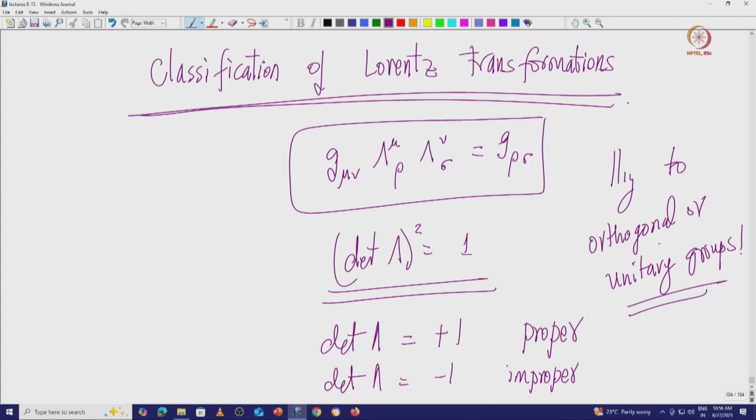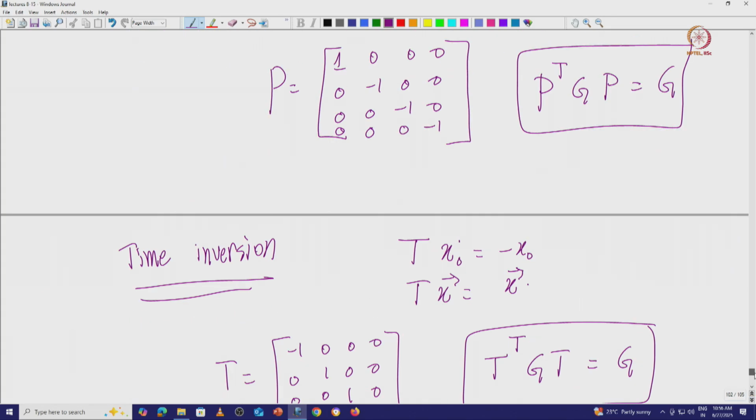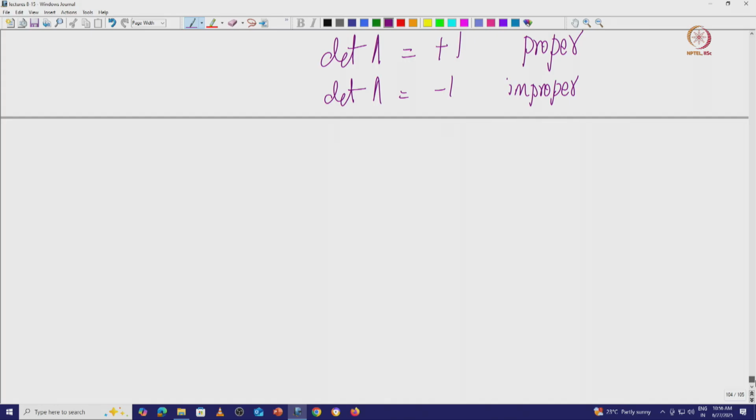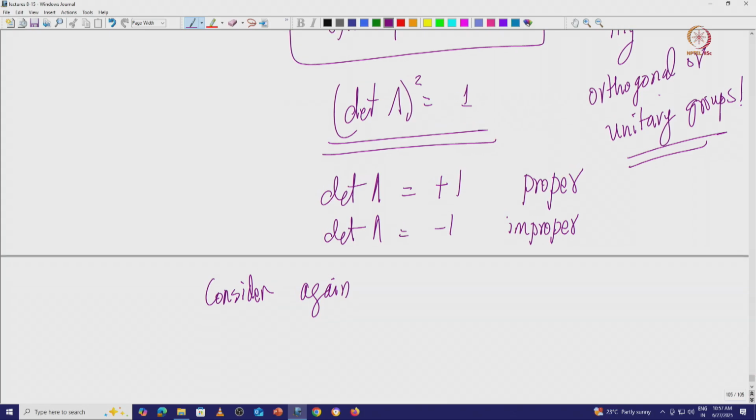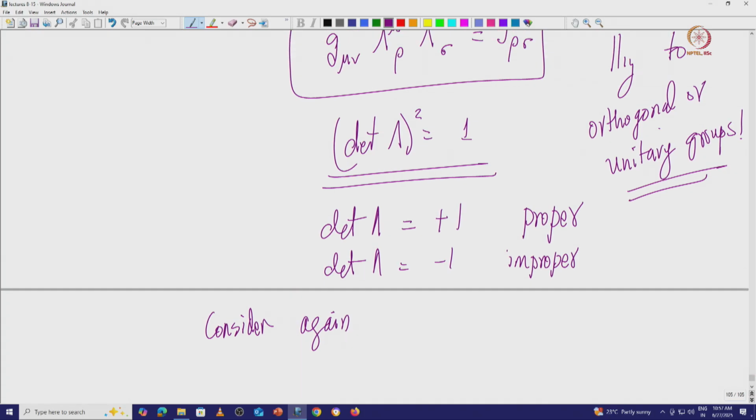That condition comes from the same condition as above, G mu nu is equal to lambda mu rho lambda nu sigma G rho sigma.